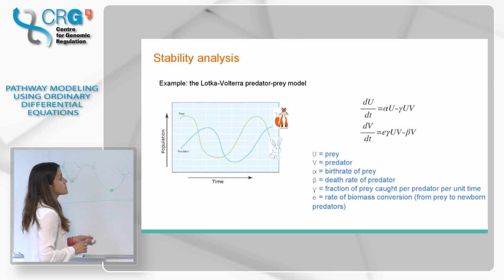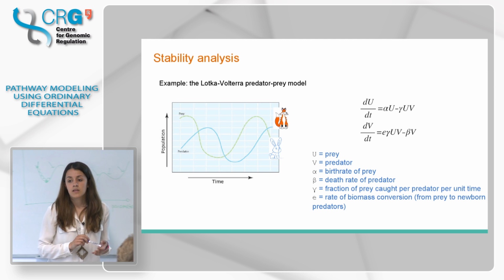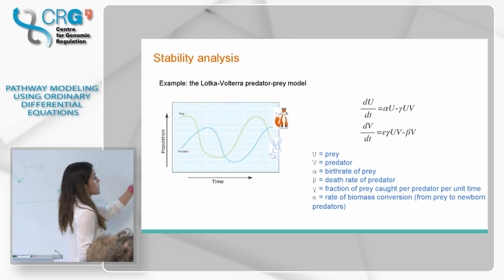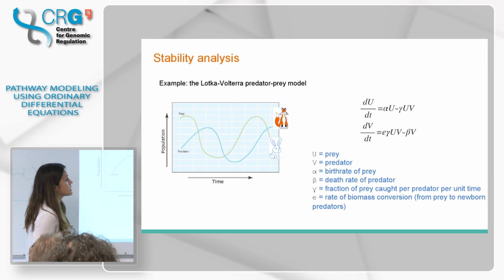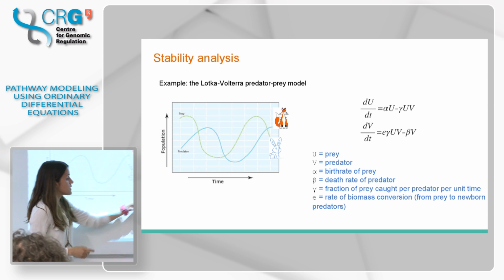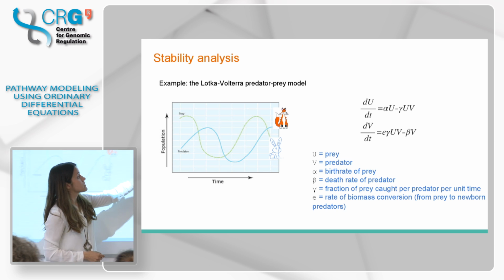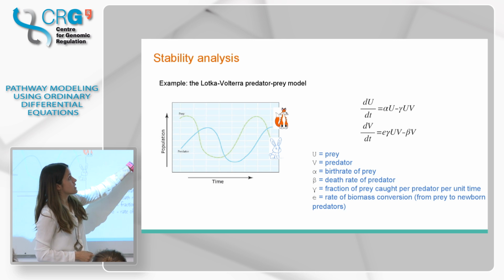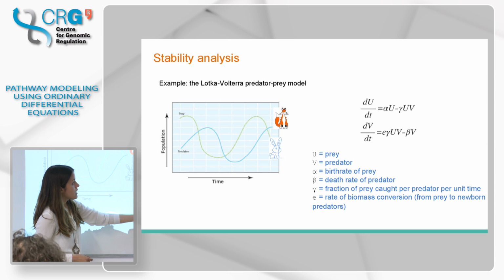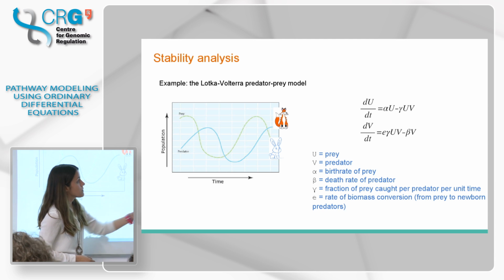To explain this, I'm going to use a very well-studied model, the Lotka-Volterra model for studying ecosystems of prey and predators. In this model, the prey is represented as U and the predator as V. The birth rate of the prey is represented by alpha, so the rate of change of the prey is alpha U. The death rate of the predator is represented by beta.